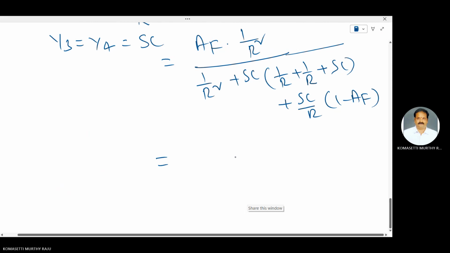After simplifying here, R square is the common term.